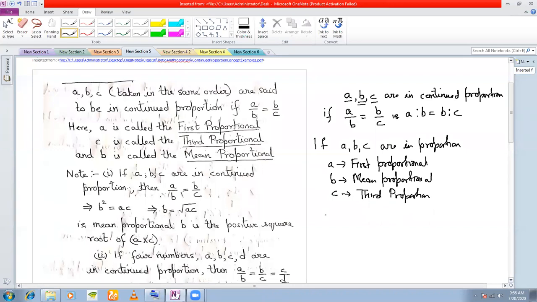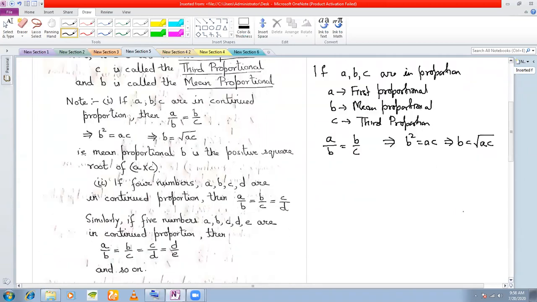Therefore if A, B, C are in continued proportion, from definition A by B is equal to B by C. Now cross multiply, you will get B square is equal to AC. That means B must be equal to square root of AC. We reject the negative square root, we take only the positive square root.